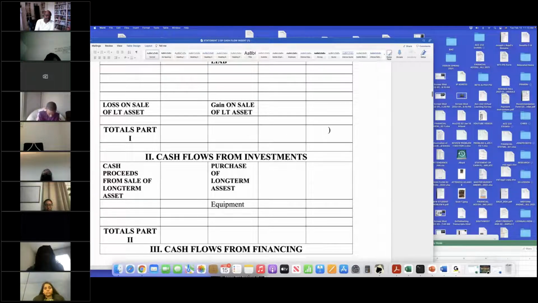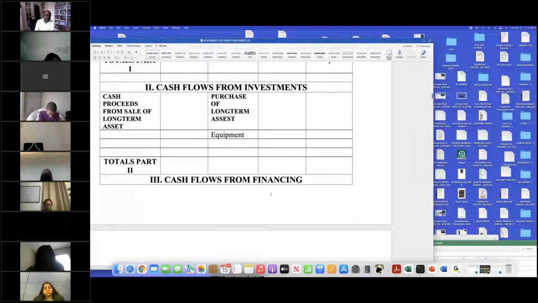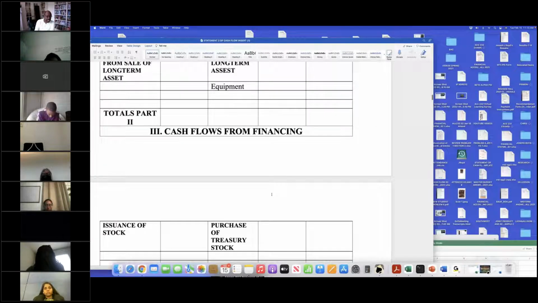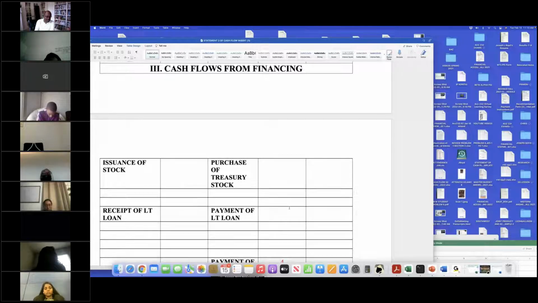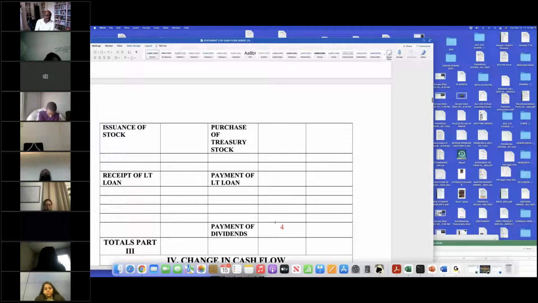Then we have the cash flow from financing, okay? Issuing stock, or we can buy it back, and long-term loans and payment of dividends. And so this is a source of cash, but it's not a source of cash that's important in terms of generating cash. We put cash in this section so it will generate cash in operations.